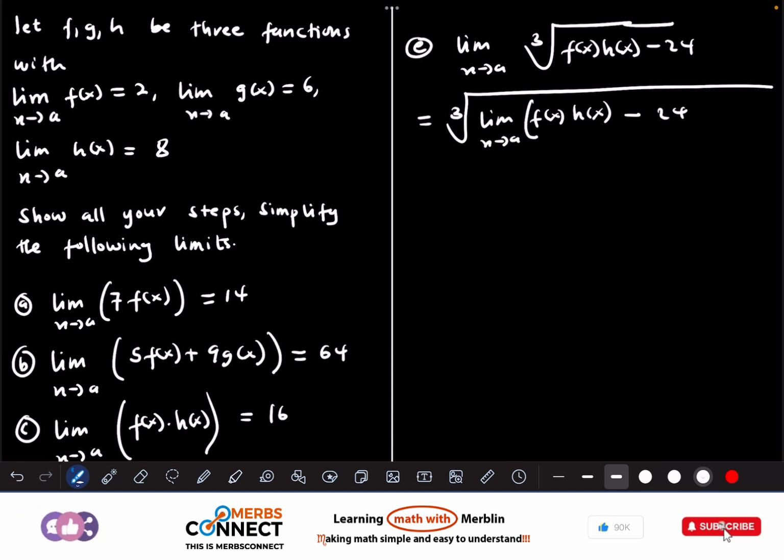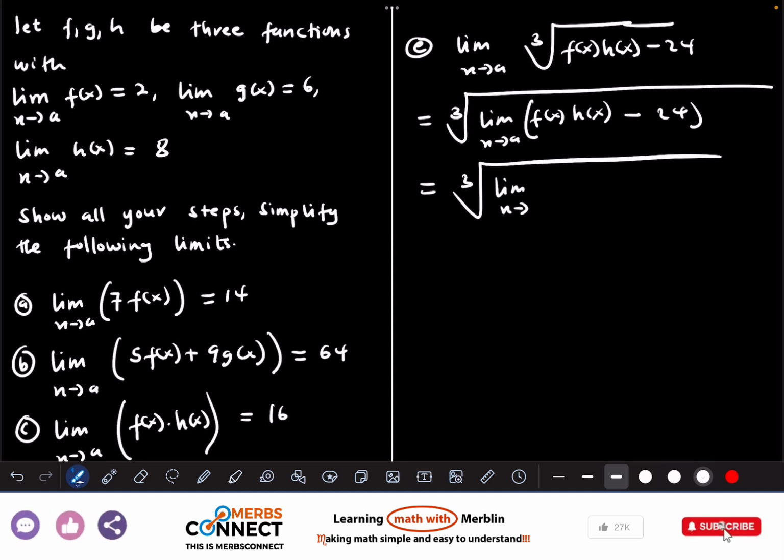It's step by step. So this will be cubic root of limit as x is approaching a. Then I will distribute the limit here on this and this on that. So we are going to have f of x h of x minus limit x approaching a of 24.